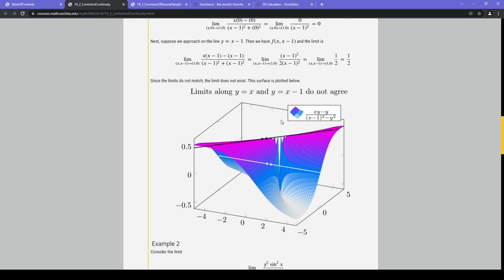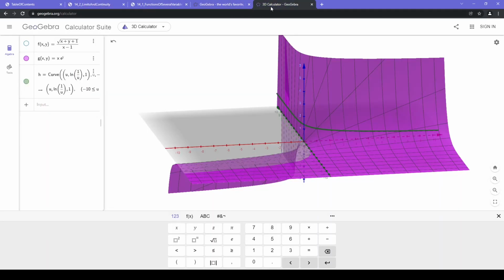Okay. And if you're curious about this, you could also graph this function in GeoGebra to get another look at it.